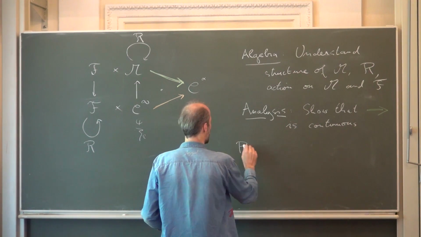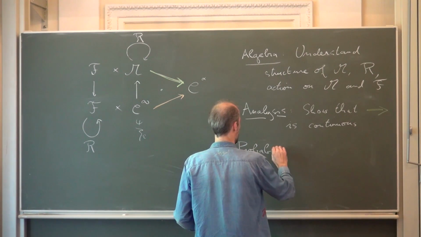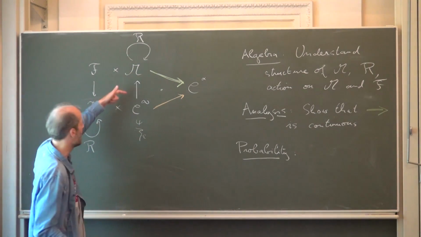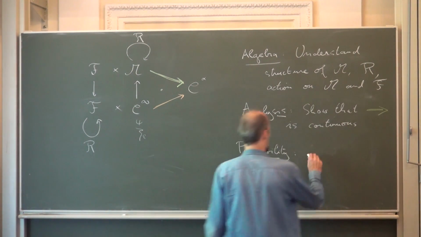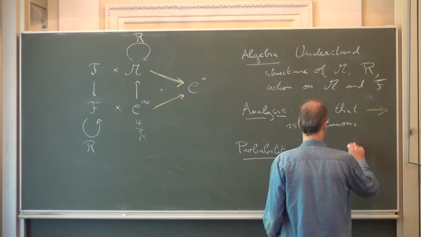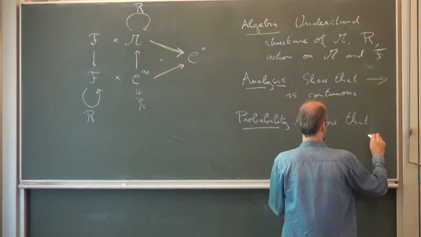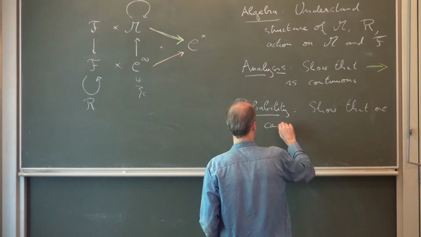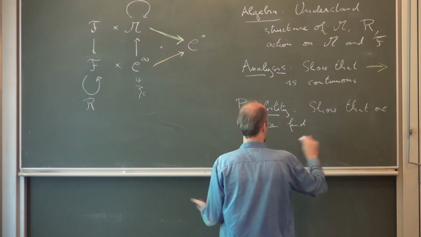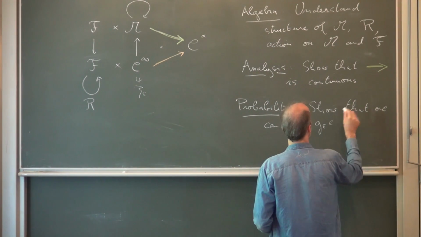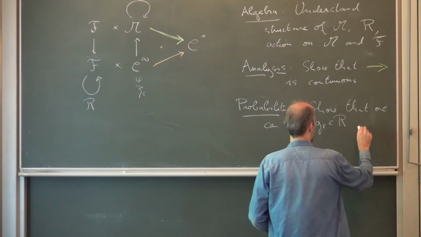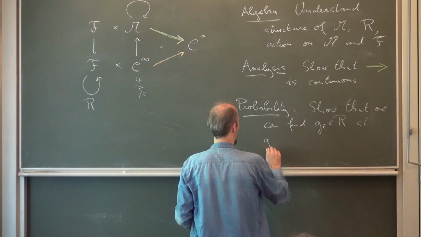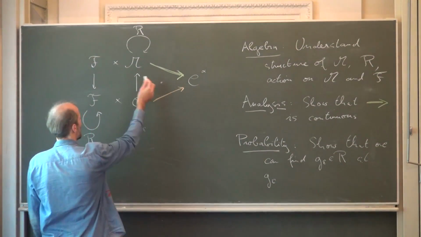And then there's a probability question, which is, well, show that one can find elements, say, G epsilon in your R, such that if you lift, so that somehow G epsilon, well, let me give a name to this.